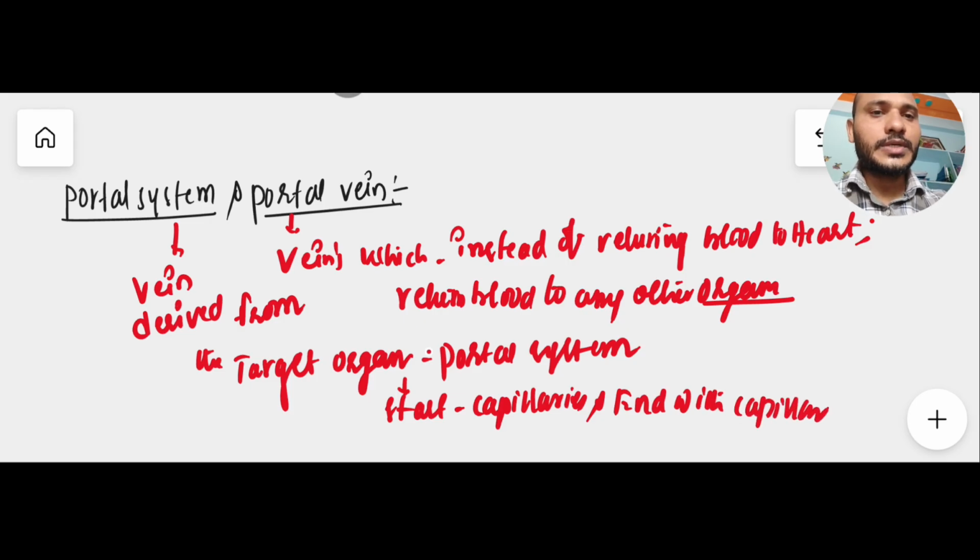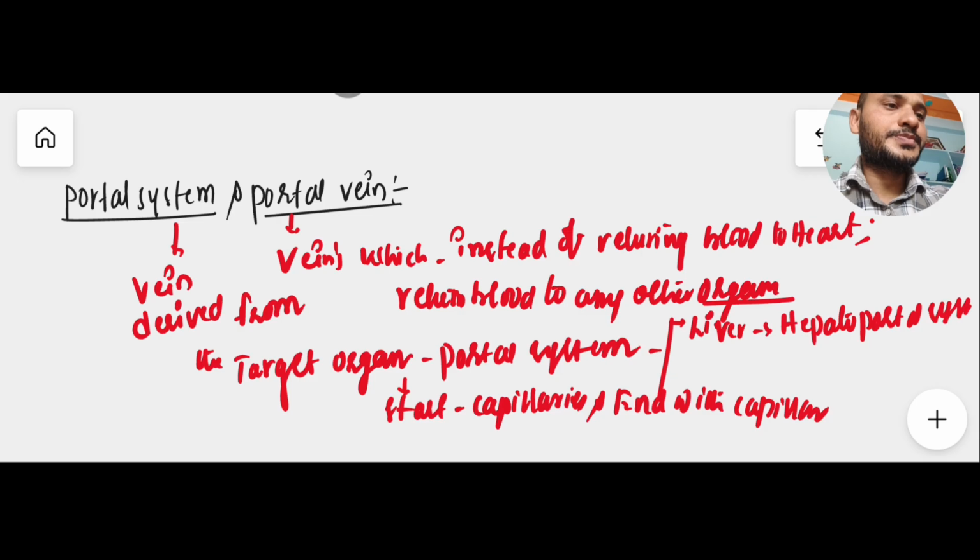So the vein derived from the target organ is called a portal vein. For example, if the vein is derived from the liver, it is called the hepatoportal system. If it is derived from the kidney, it is called the renal portal system. The vein derived from the target organ can also be the hypophysis. Hypophysis here means the anterior pituitary gland.